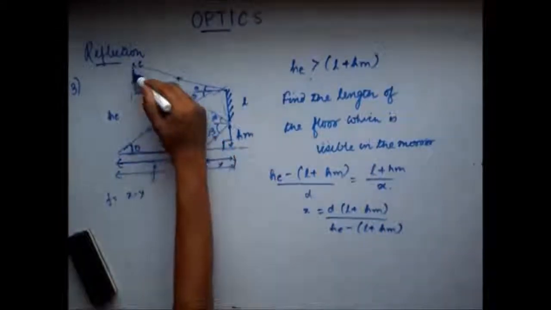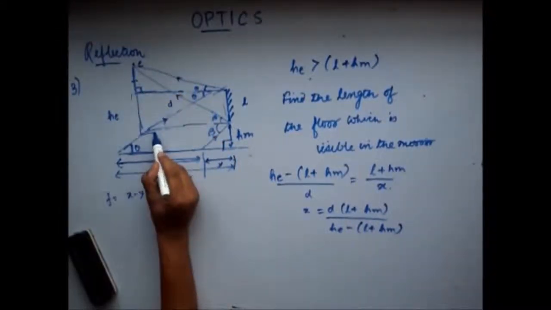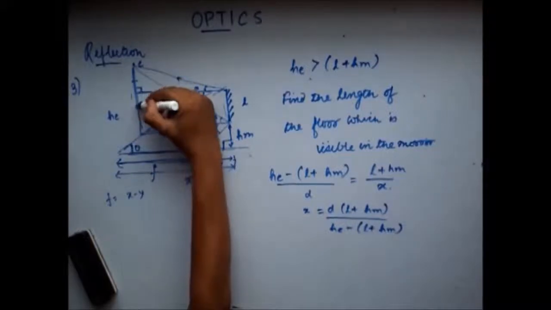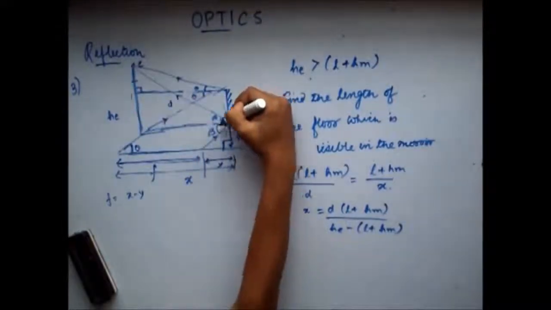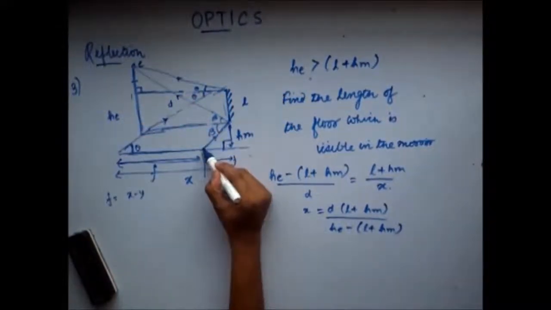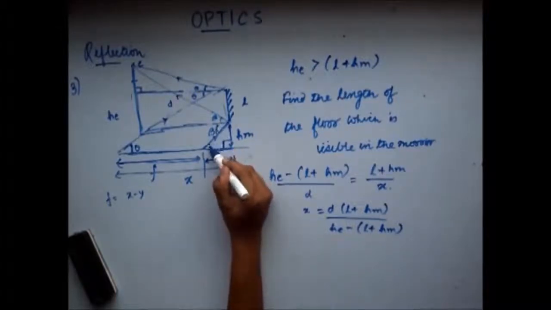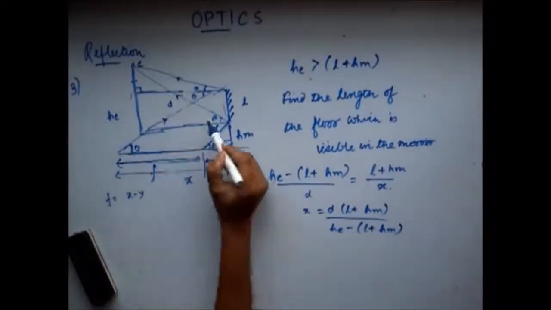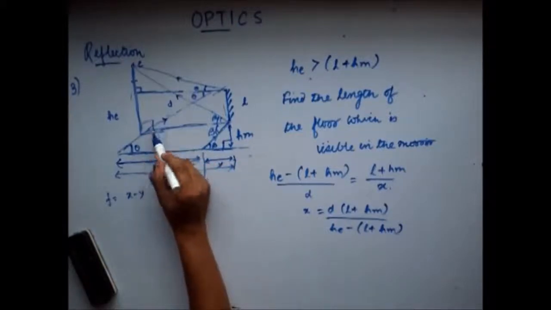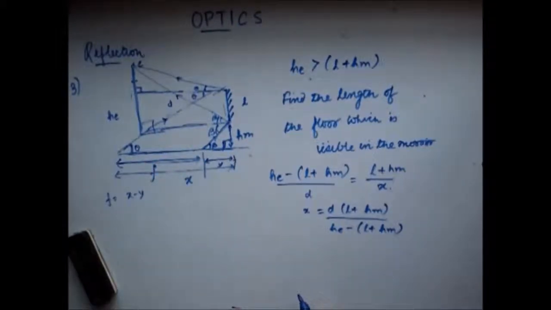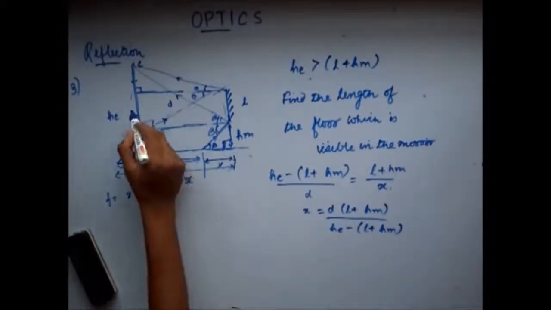Now let's take this triangle, and let's take this triangle. This angle is beta, this angle is also beta. Now in these two triangles, this angle and this angle are the same, and this is 90 degrees, so I can write the ratio of sides as the same. What is this height?